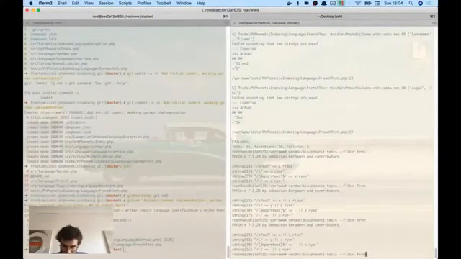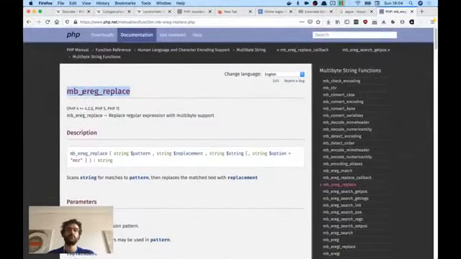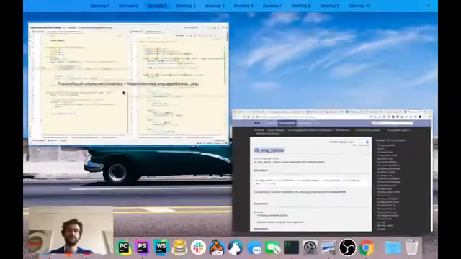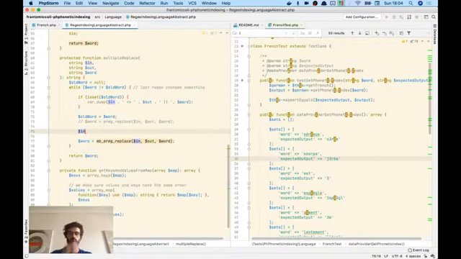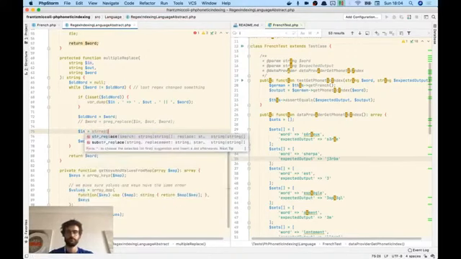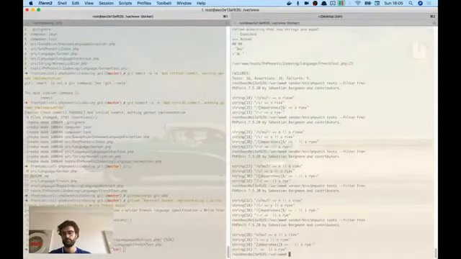That's going to be tough. Okay, I'm going to try to use this function and see what mb_ereg_replace does and try to hack something just to see if this could be the solution to my problems. Nope. This is not the solution to my problems.